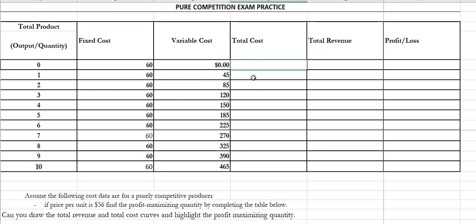Do you remember what total cost is? I'll give you a hint. If you have fixed costs and variable costs, you have all the costs that the business could face in this example. So what would total cost be? You have fixed and you have variable. How would you get the total costs?